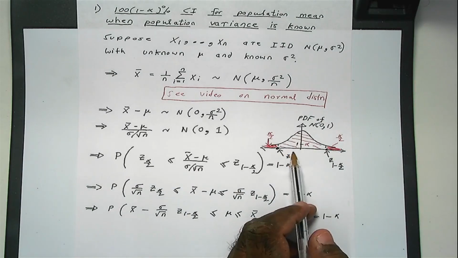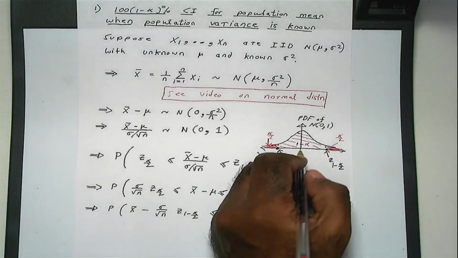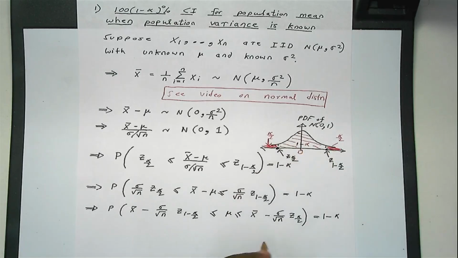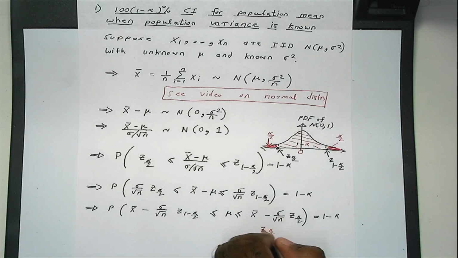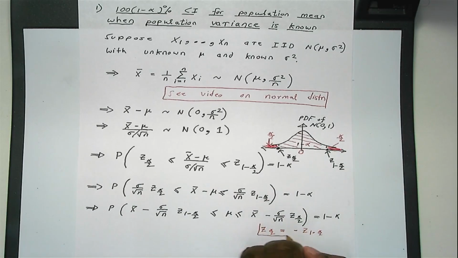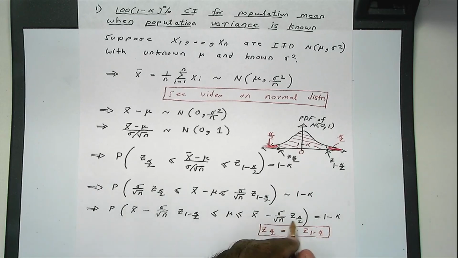So this is equal to this in magnitude because of the fact that this is 0. So they're symmetric, right? So Z alpha by 2 is equal to minus of Z 1 minus alpha by 2. So this is what I'm going to use in the next step. So I'm going to replace this guy here by this.